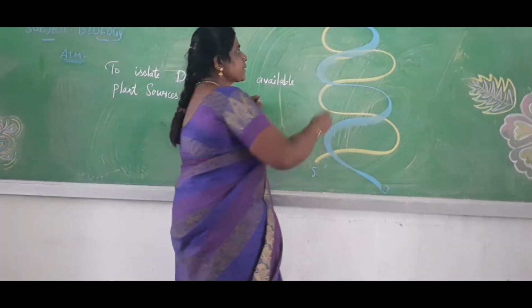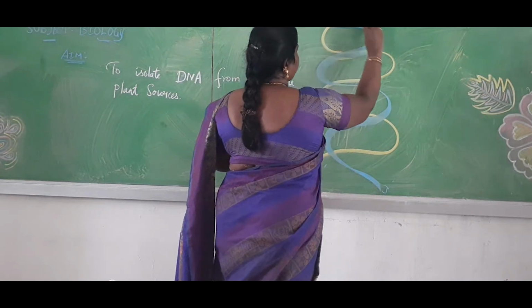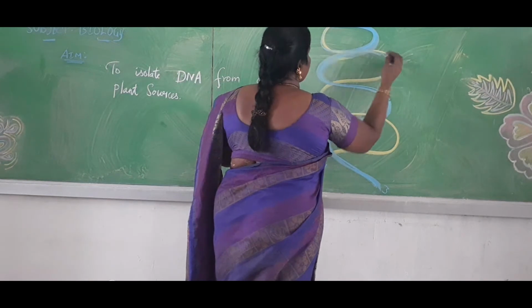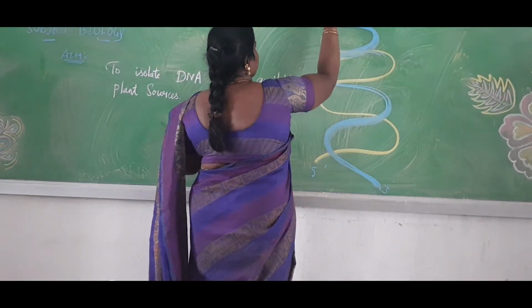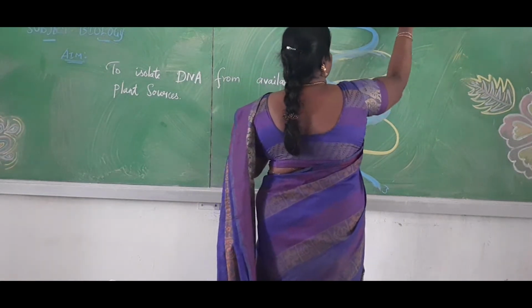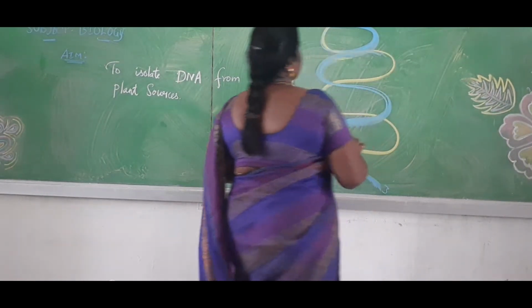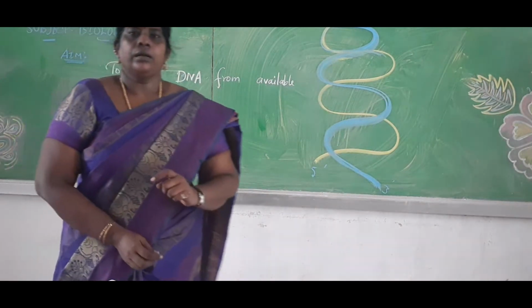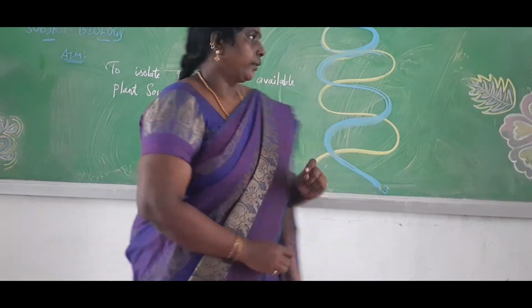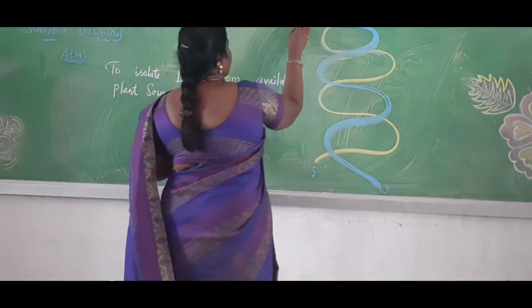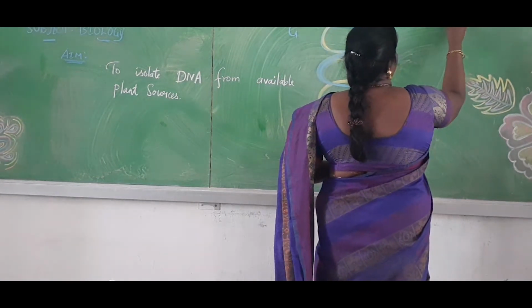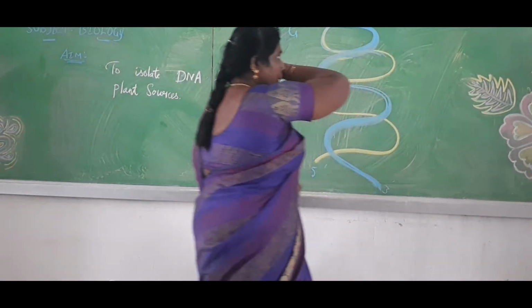Let us discuss the nitrogenous bases. The two types of nitrogenous bases are purine and pyrimidine. Purines are adenine and guanine. Pyrimidines are cytosine and thymine.